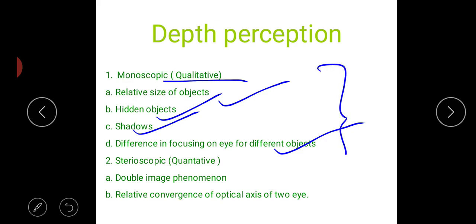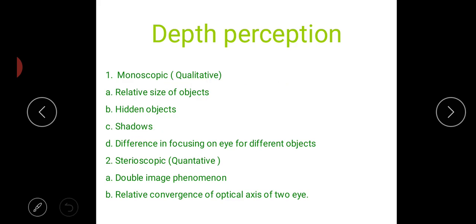This is nothing but parallax. When you all see the objects, it is a monoscopic view with a single eye. And stereoscopic is a quantitative measurement which helps in providing double image phenomena. This you all will understand in the coming slides. And relative convergence of optical axis of the two eyes.